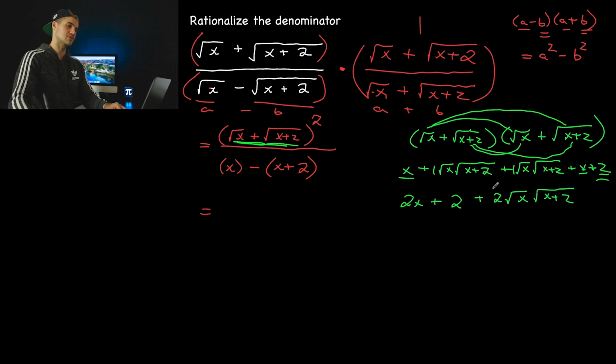Another thing we can do is multiply these two roots. If you have the square root of m times the square root of n, you could multiply those two expressions under one root. So let's do that right there.